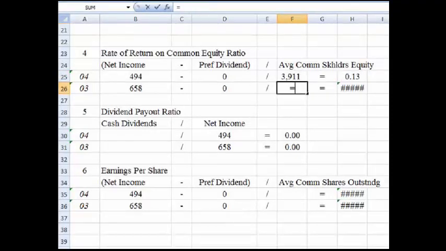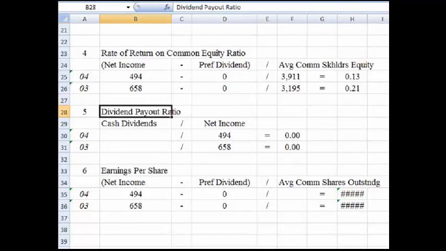For 2003, the $3,432,000 and the $2,958,000 are summed and divided by 2. The end results are that the stockholders are seeing income of 0.13 or 13% on their investments in 2004 and 21% in 2003. Something must be going on that all these ratios are getting smaller.